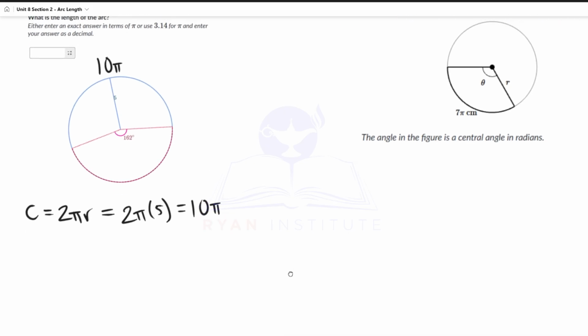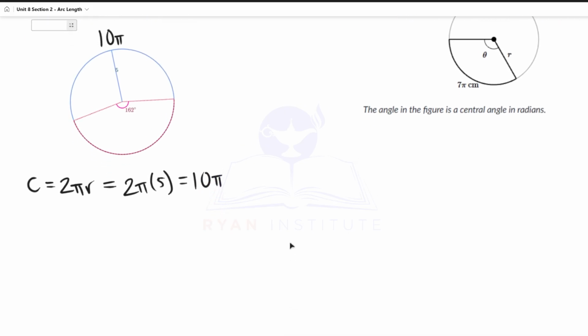Next, we need to remember that the ratio between an arc's central angle and 360 is equal to the ratio between the arc length and the circle circumference. So theta over 360 is equal to the arc length over the circumference.